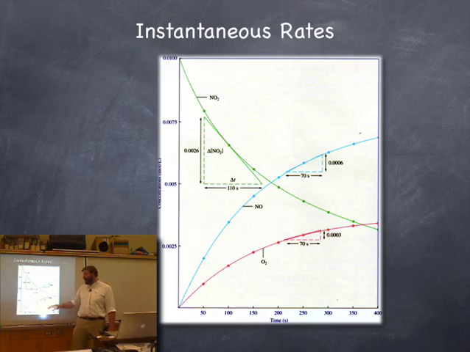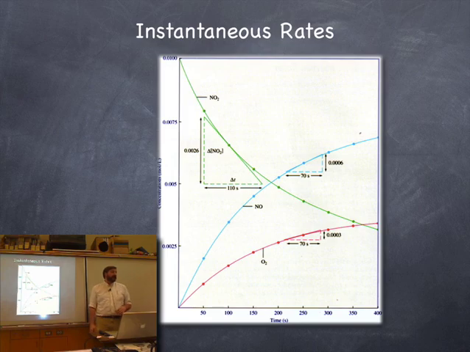So we produce oxygen at half the rate we produce nitrogen monoxide. Okay? Those same relationships that we saw mathematically are also reflected in this graph.